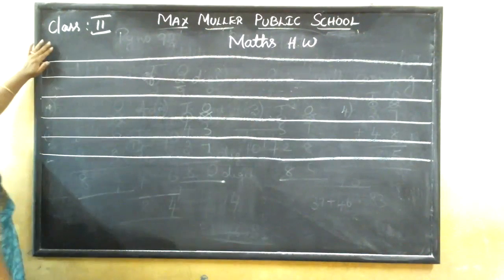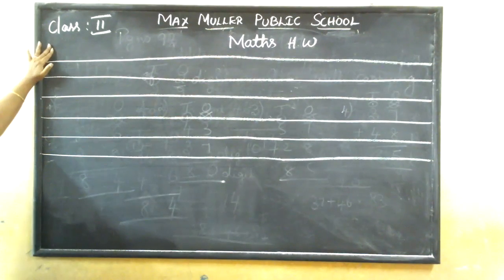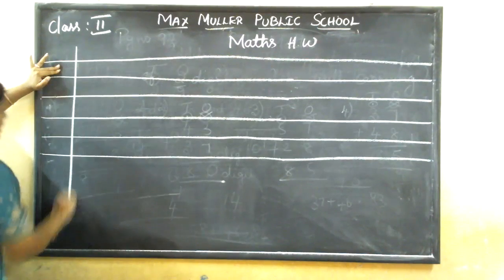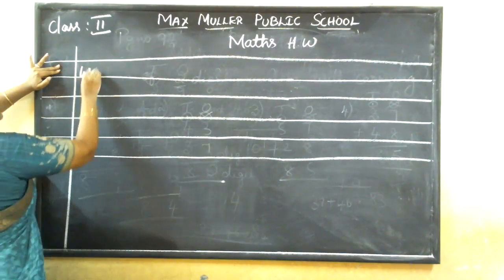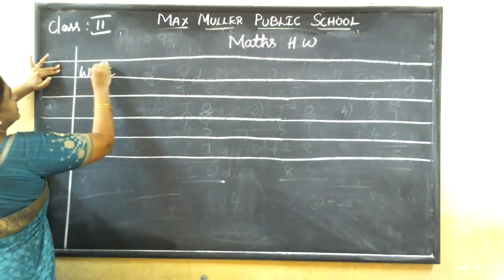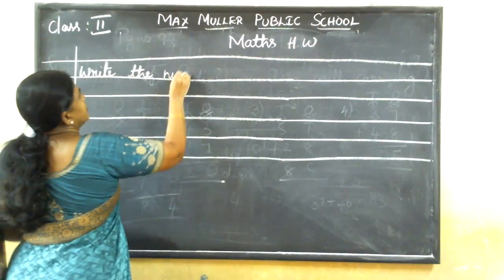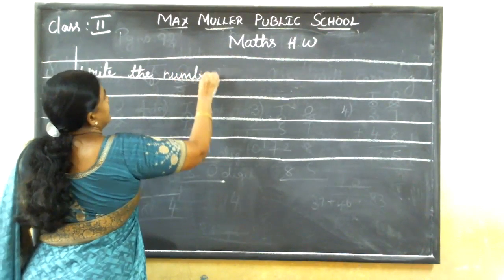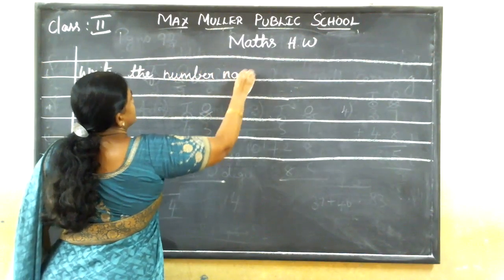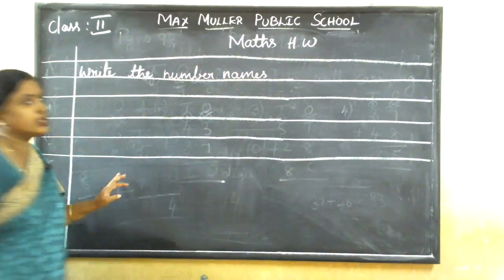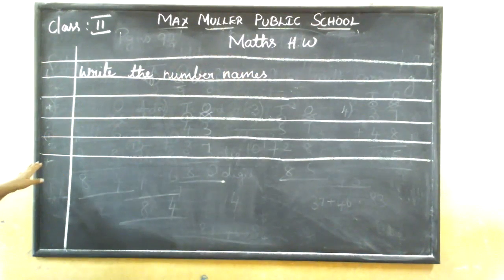Now here, see, go to a fresh page, leave one line here. Next line, you want to write the number names. I'll give a few numbers, children, and you want to write the number names.